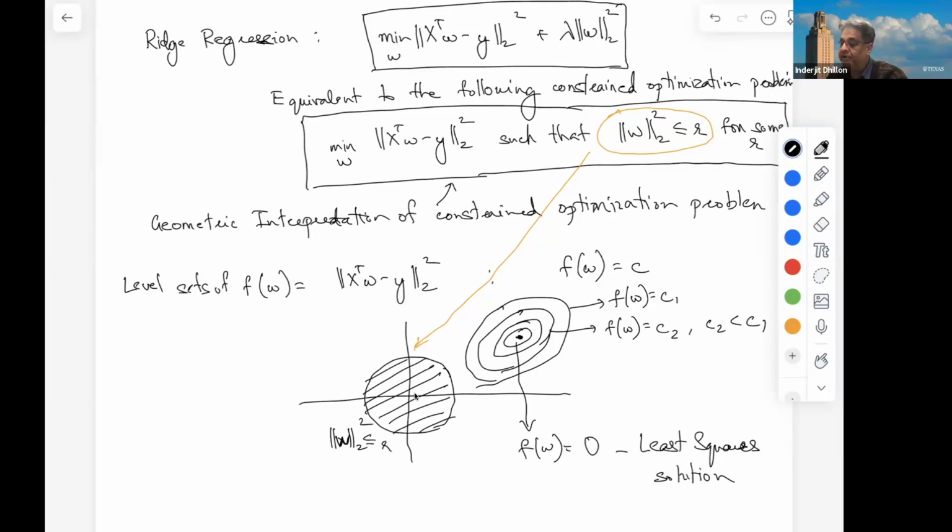So the solution of ridge regularization, or the constrained version of ridge regularization, is that you basically look at the level sets, and the first time the level set meets the constraint set, that is the ridge regularization solution.